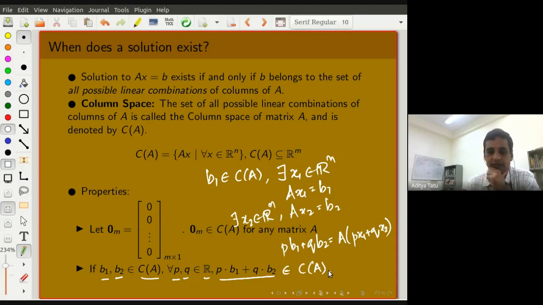So these two properties sort of justify the term space. What do you mean by space intuitively or in a common sense world? Space sort of extends infinitely, right, in all directions.